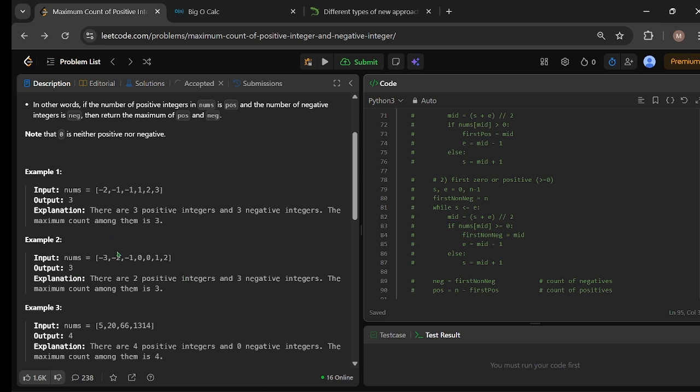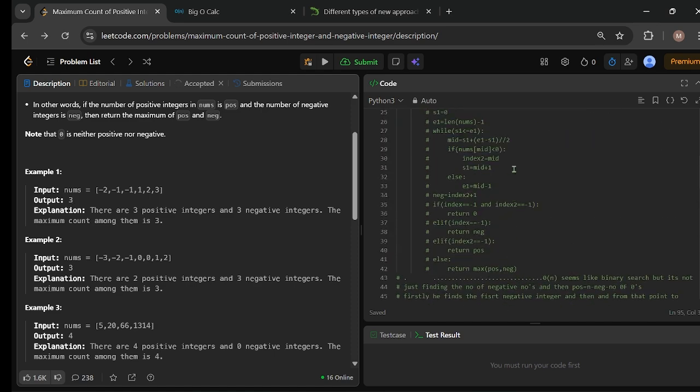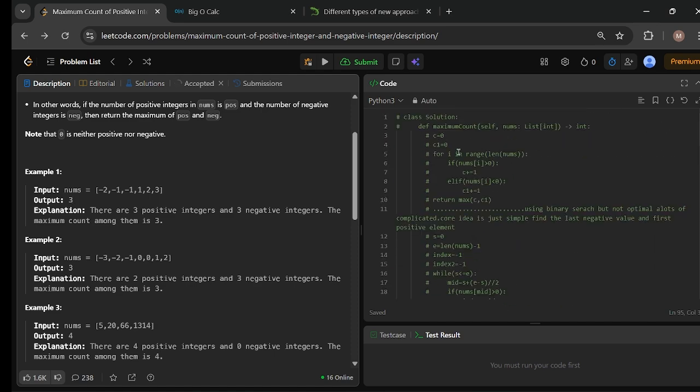So my approach is I will go from the first position to the last position and see whether the element is greater than zero; we will treat it as positive and increase the count. If the number is negative, we will store it in C1 and increase the count.